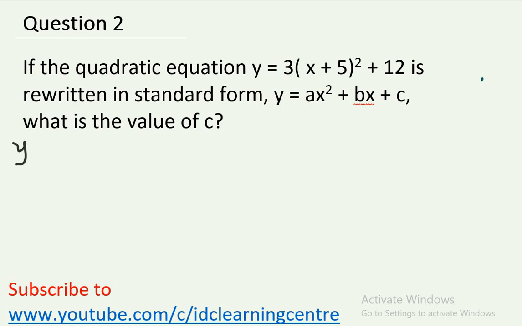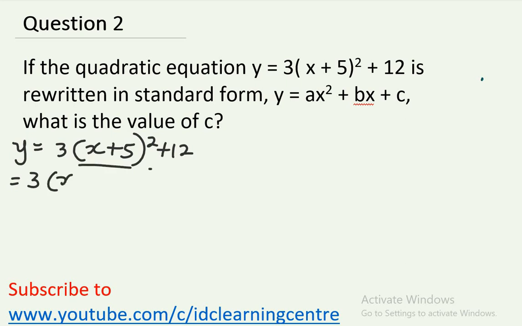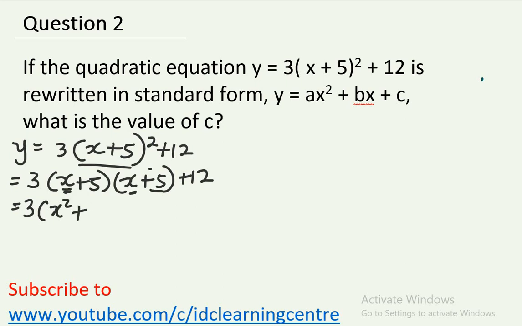y equal to 3 bracket x plus 5 squared plus 12. Okay, so this square will make us repeat this bracket again. So it will be x plus 5 bracket x plus 5, plus 12. So we expand now. x times x is x squared, x times the 5 is 5x.